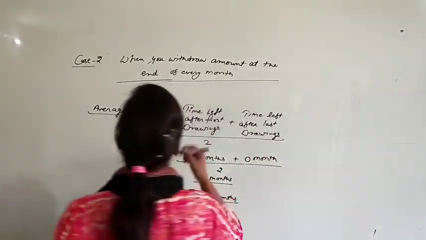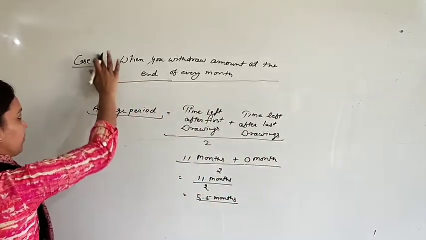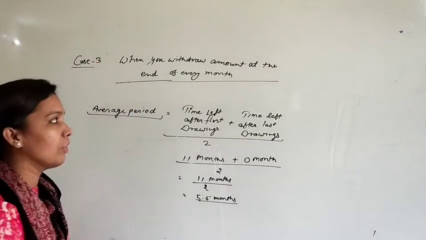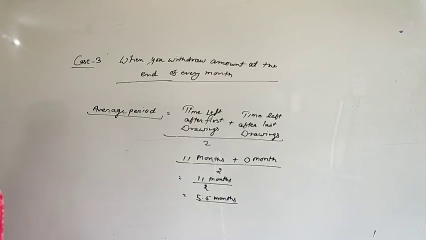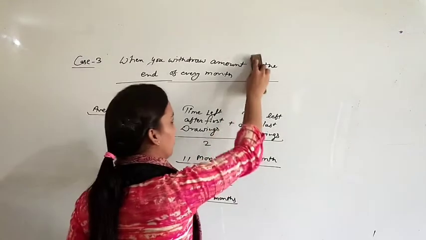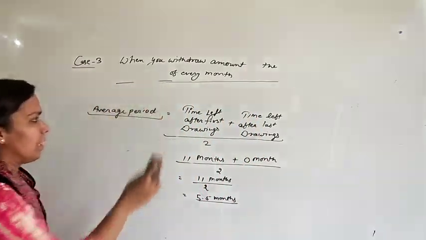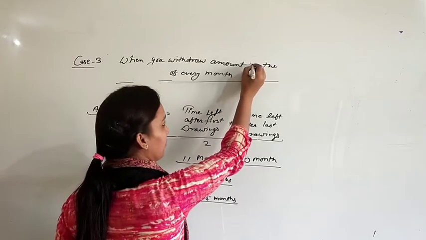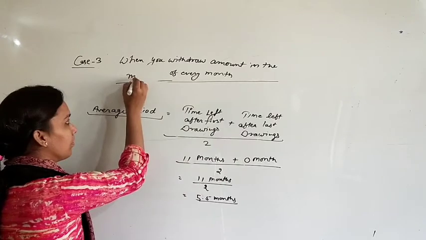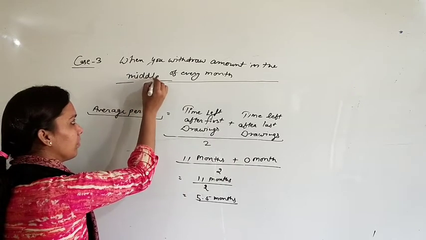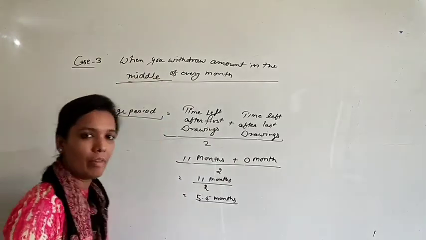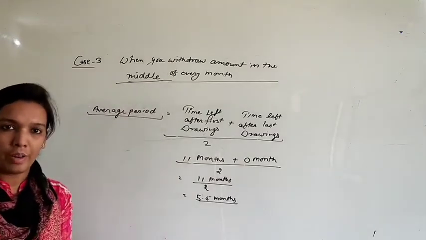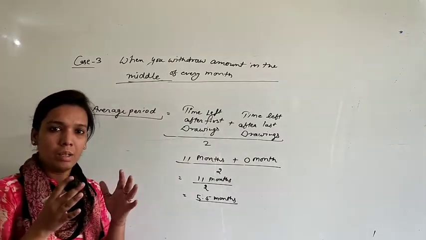Okay, case number 3: if you are withdrawing money in the middle of every month. Like your same year starting from April, you are withdrawing money in mid-April.